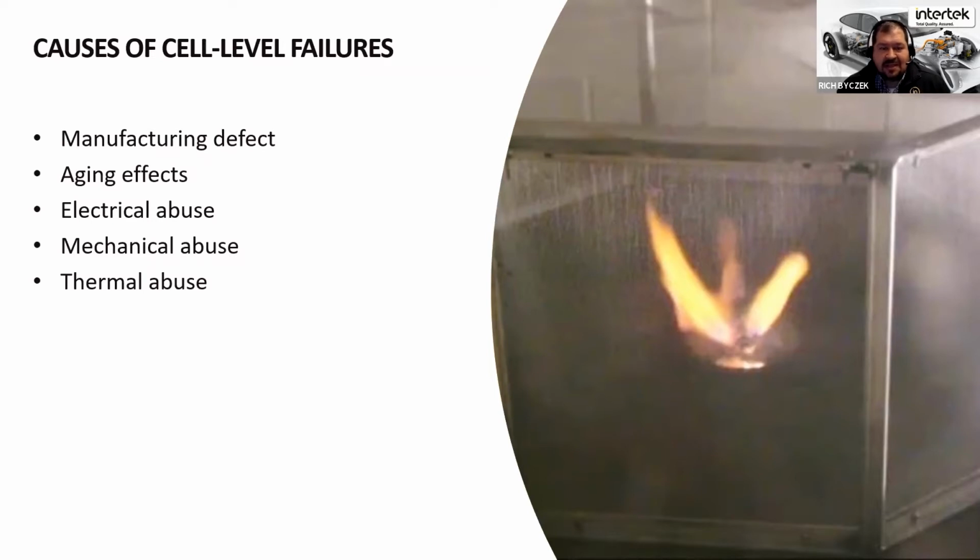Mechanical abuse in the EV space, we consider, first of all, things like a crash event. Vehicles are impacted. You have repetitive impacts, foreign objects hitting the battery, and other causes that would penetrate or otherwise deform the battery physically, such that you could trigger some sort of thermal event or internal short circuit.